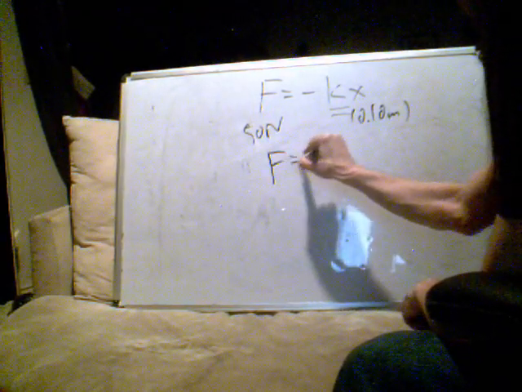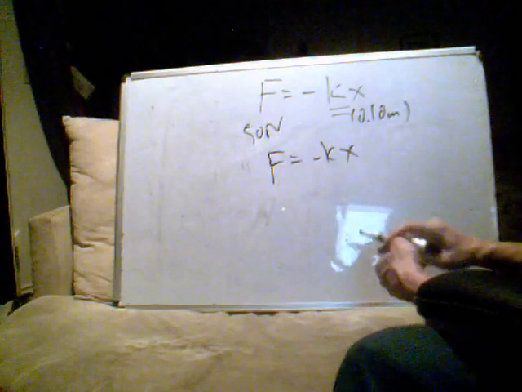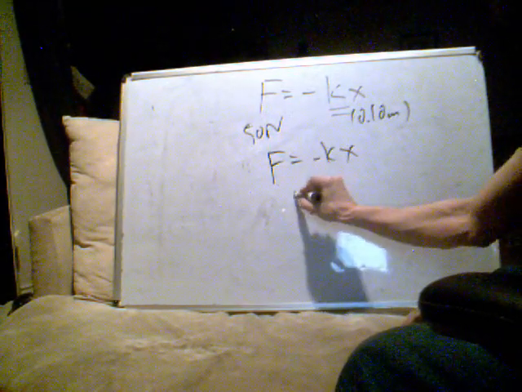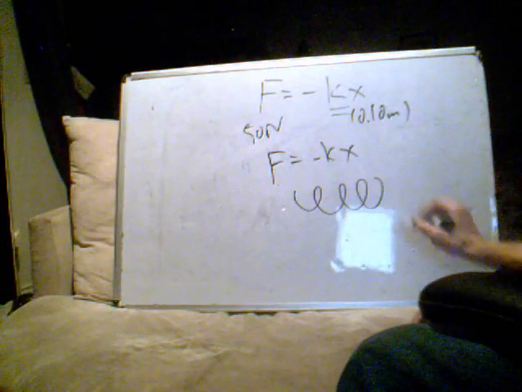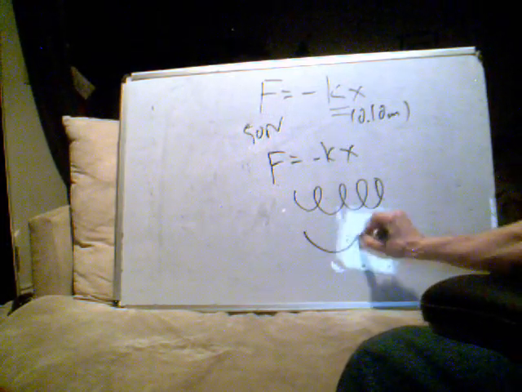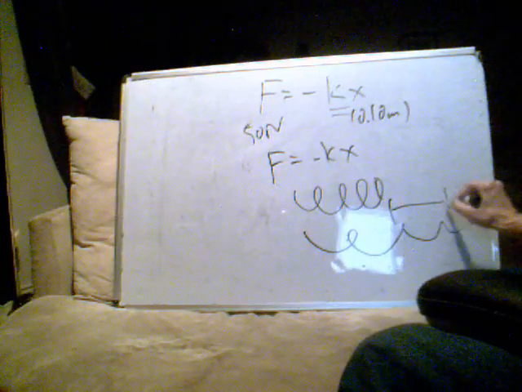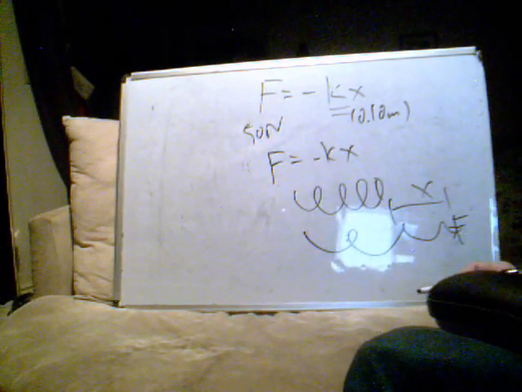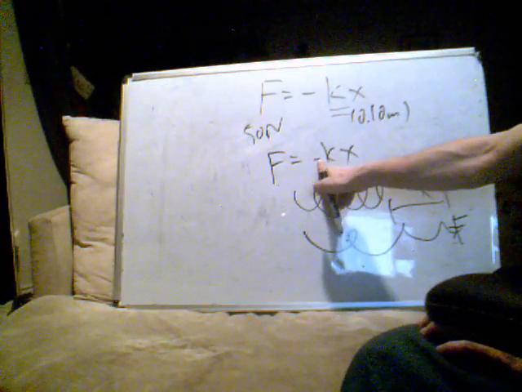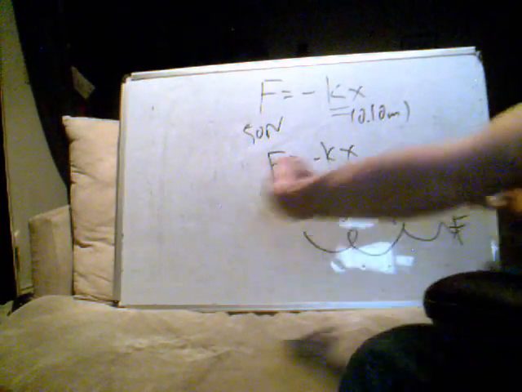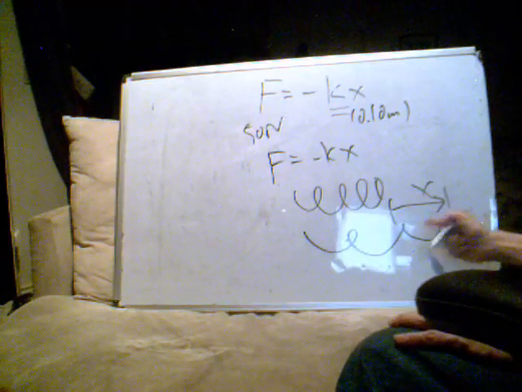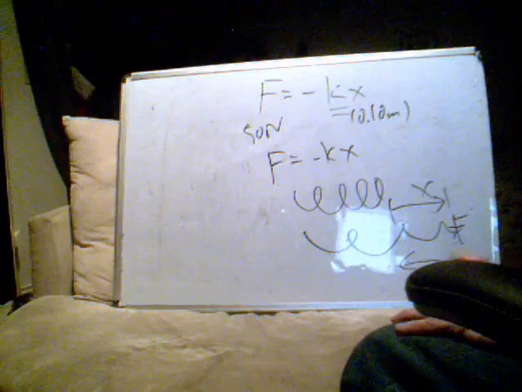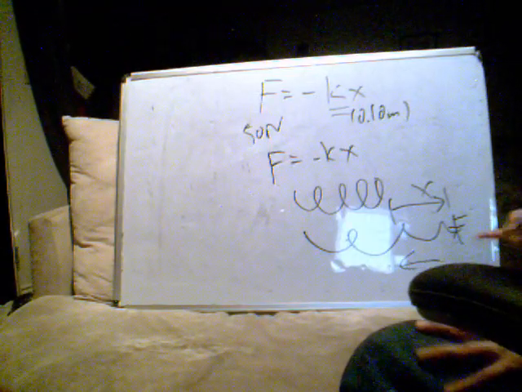Well, F is equal to minus kx. Oh, by the way, what does the minus sign mean? So let's say this is the spring's equilibrium position, right? Let's say we stretch it out some distance, x, by applying some force to it. What direction is the spring going to pull? Backwards, in the opposite direction. So it was displaced this way, that means the restoring force, the spring force, is going to push it back this way.